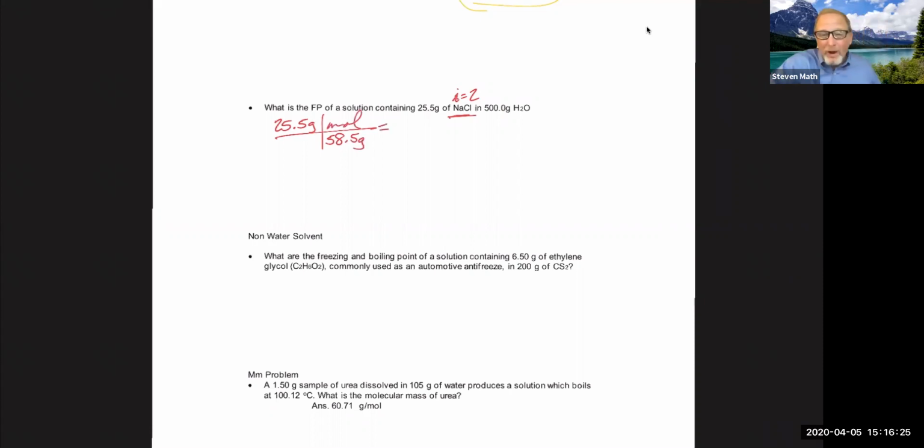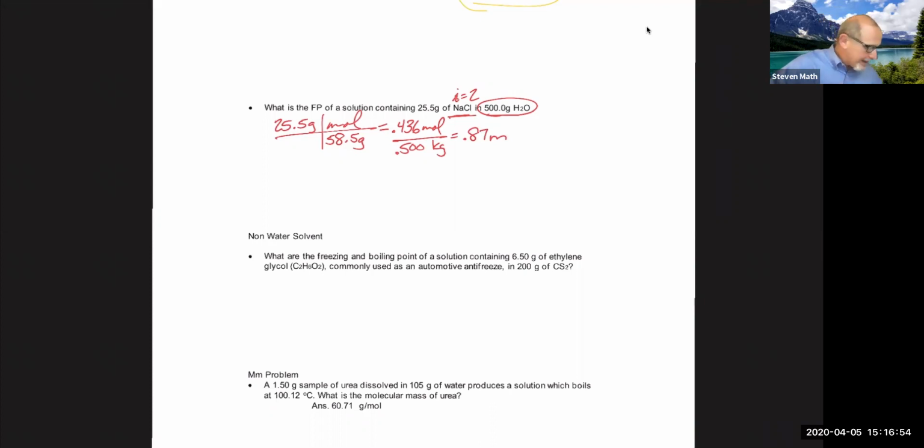Now you start to see why moles were so important. They're in every calculation in chemistry. So take that and divide it. I'm going to get 0.436 moles, and that's in 500 grams of water. That's got to be in kilograms though, so I'm going to make that 0.500 kilograms. I'm going to get a molality of 0.87 molal, little m.